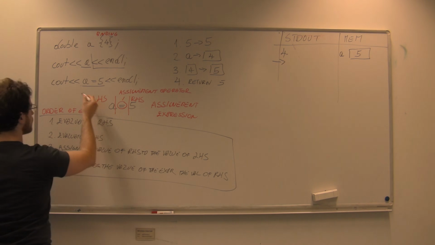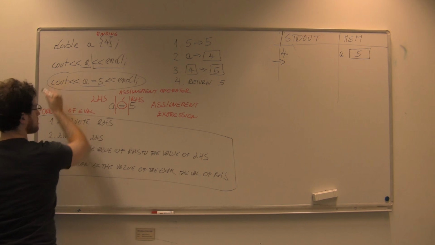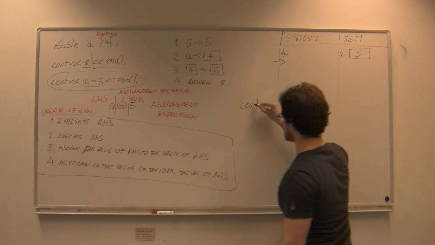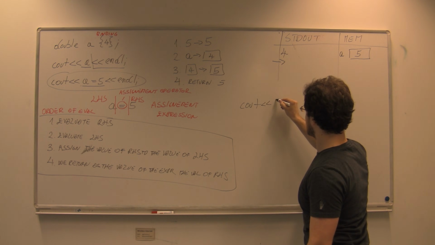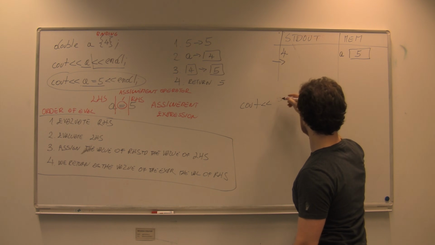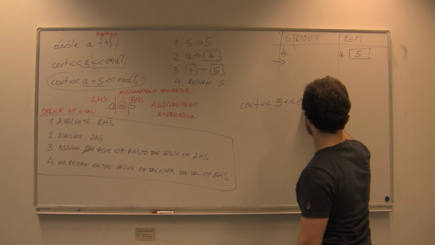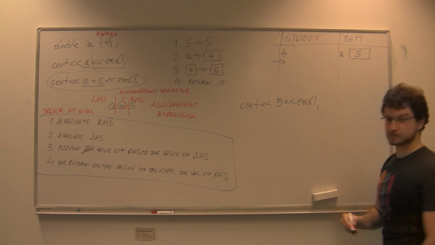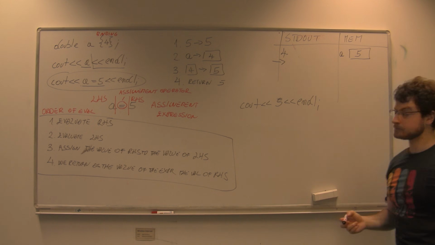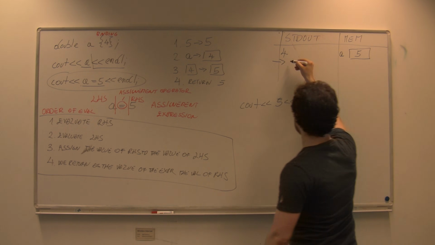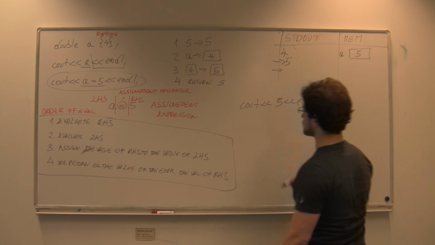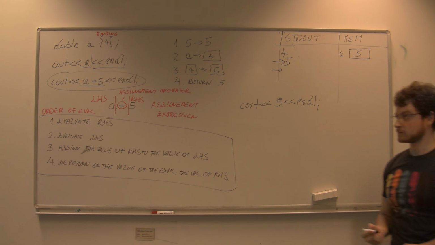So if we take a look at this, after evaluation, we will have a slightly simpler expression. It looks like this. And we know how to evaluate this. So what happens is that the number 5 gets printed or sent to standard output, and we proceed to the next line.